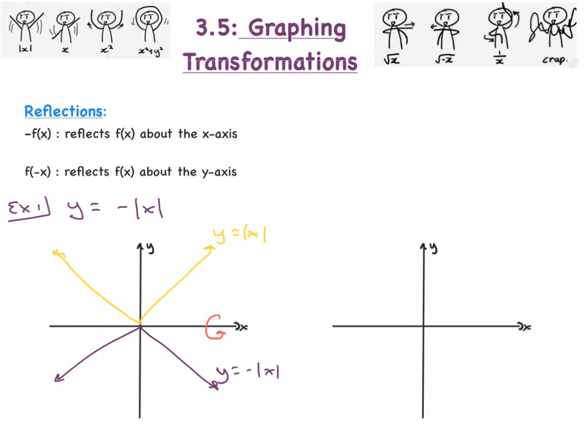For example 2, let's do a similar function. Let's do y equals the absolute value of negative x plus 3. So I'm kind of working in a reflection and a horizontal shift in here. It's really important that you do these in alphabetical order, like I said in the previous video.